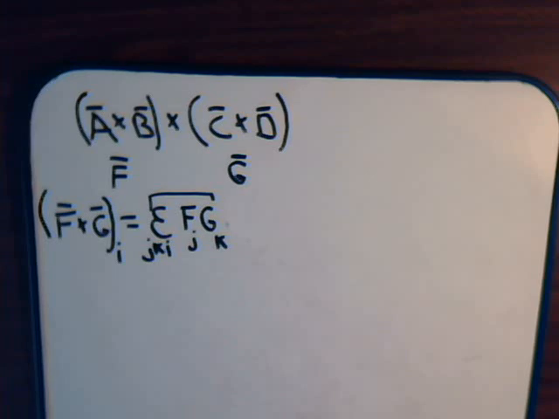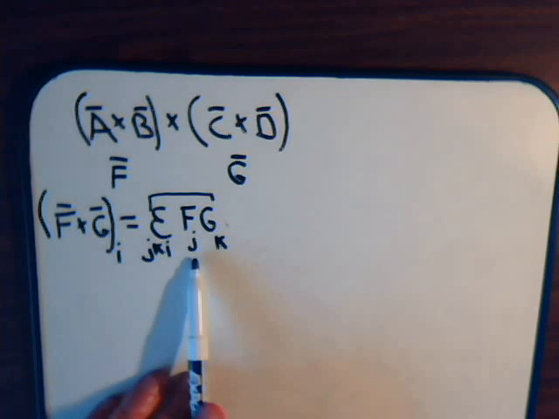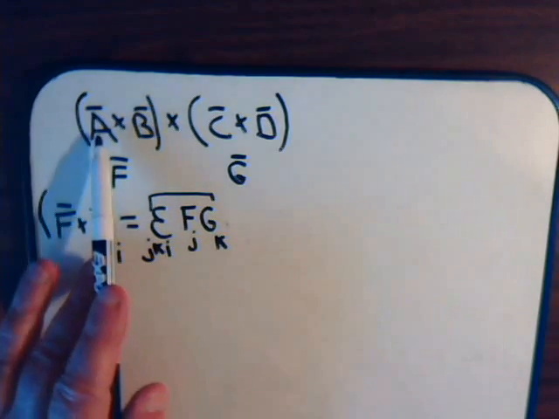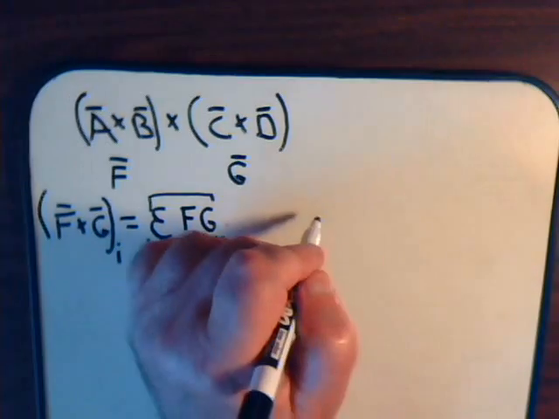Now, F itself is a cross product of A cross B, so we can write Fj as epsilon A B. Let's go over to here.